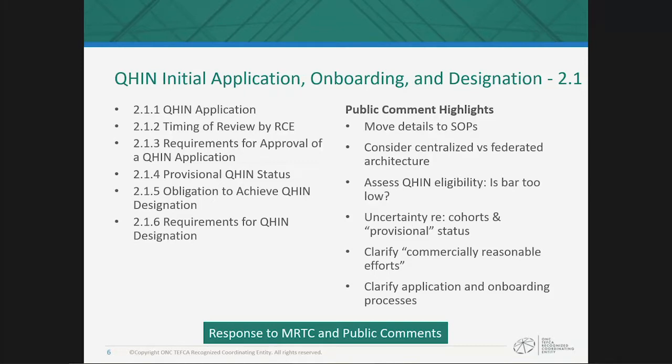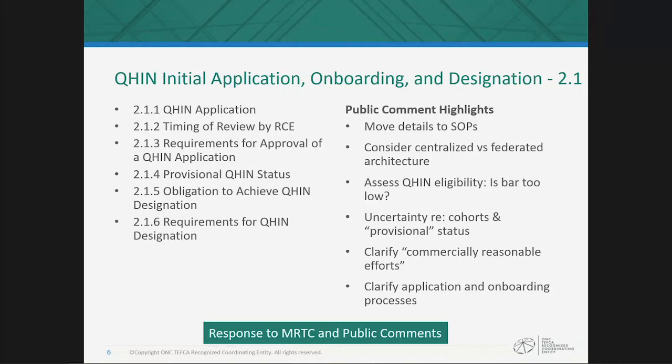So the MRTCs, Section 2, has a number of subsections, as you can see, and extraordinarily detailed contract provisions around how organizations apply to become a QHIN, how they are onboarded, how they're designated.